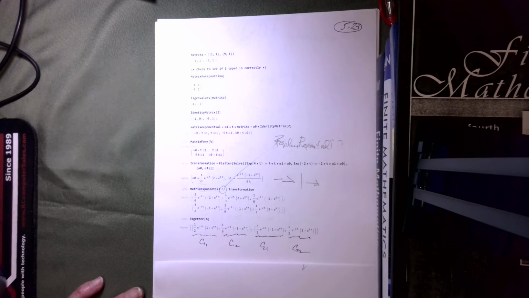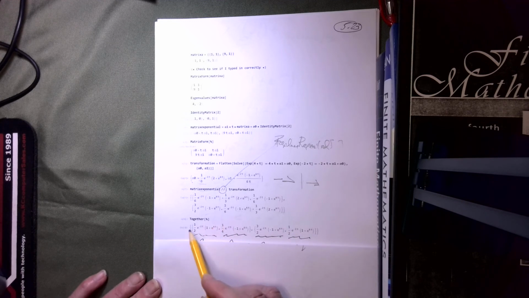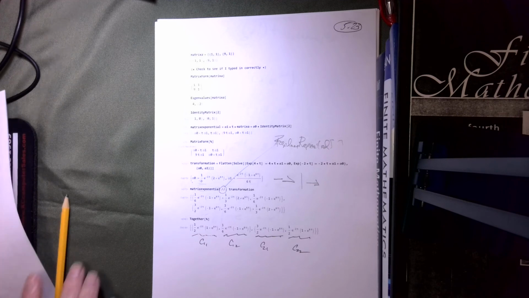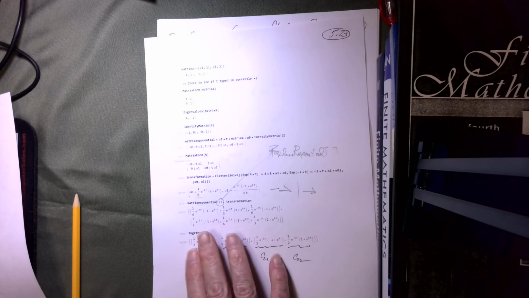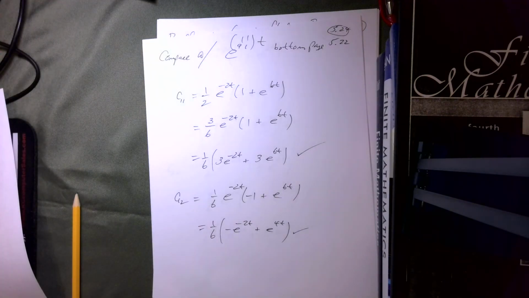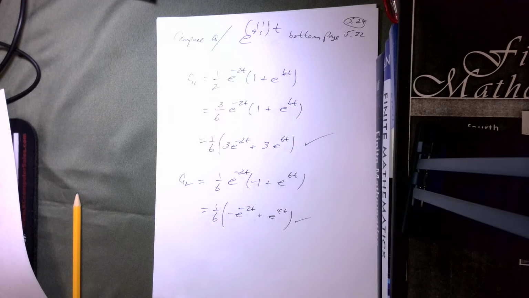And I put it together, and so this becomes my matrix exponential. I'm just going to call it C11, C12, C21, C22. So now I have what my matrix exponential is. And if you compare that with what we got previously, everything works out.